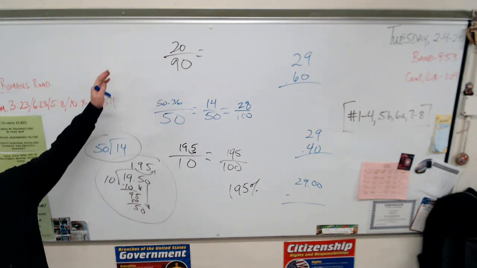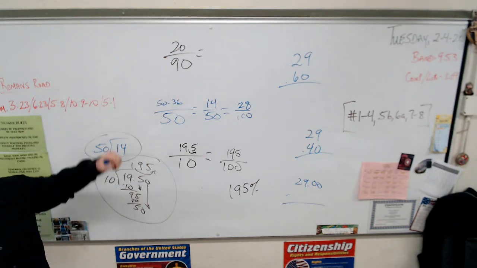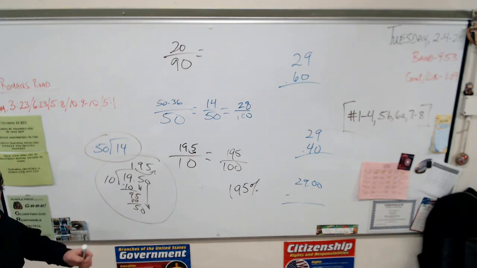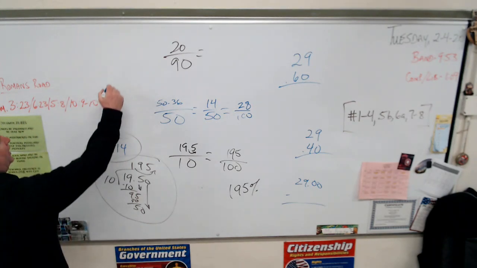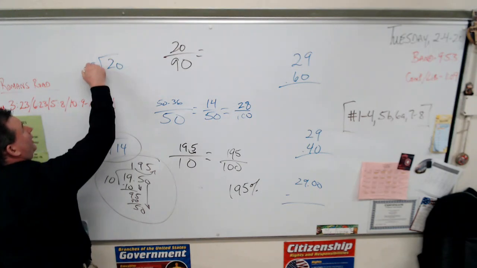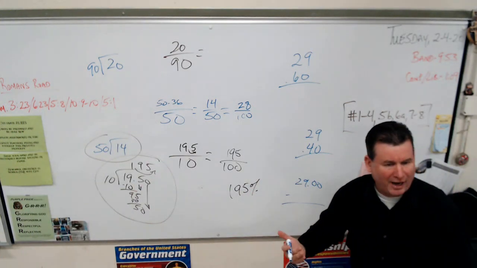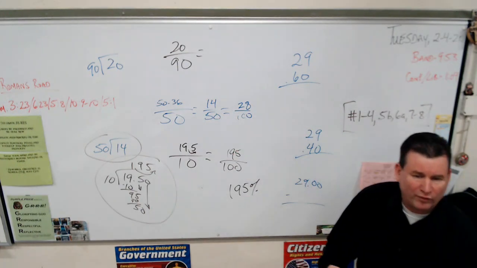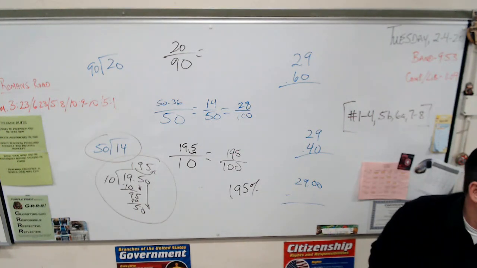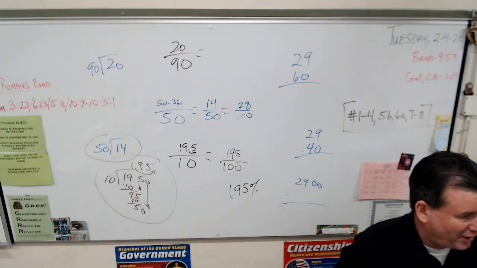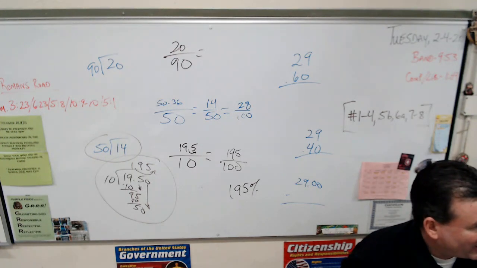Anyway, what's 20 over 90? Listen, I can always do this: 20 divided by 90. Middle schoolers, I'm trying to help you out here. What's 20 over 90 reduced? 2 over 9. What do you know about fractions with 9 as the denominator? They always repeat.